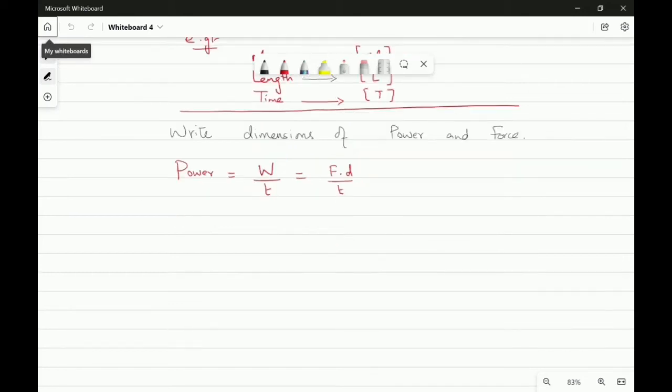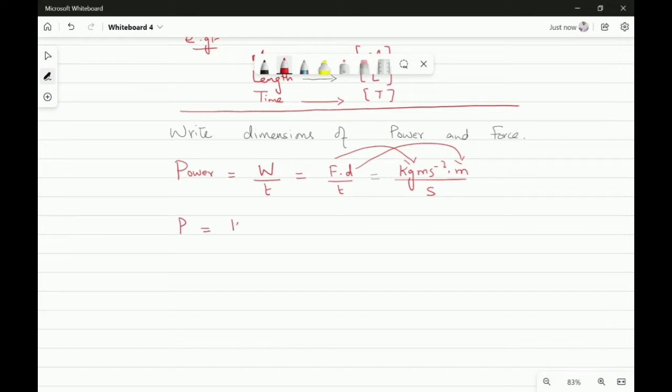The SI unit of force is Newton, that is kilogram meter per second square. For distance it is meter, and for time it is second.